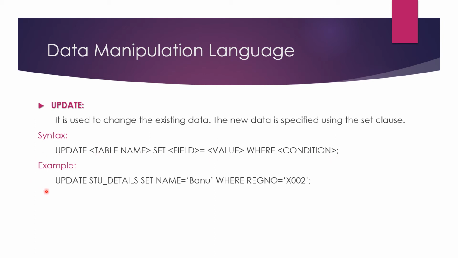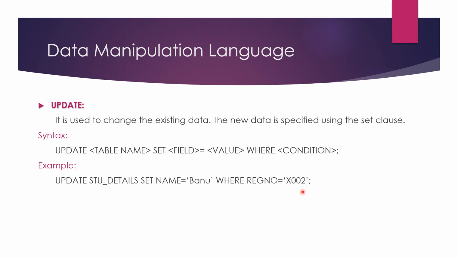Here is an example: update student details, which is our table name, set name equal to Banu, where register number equal to X002, and then end the statement with a semicolon.